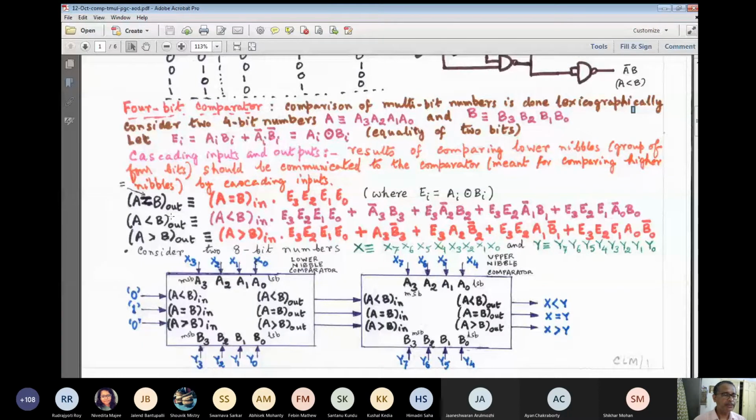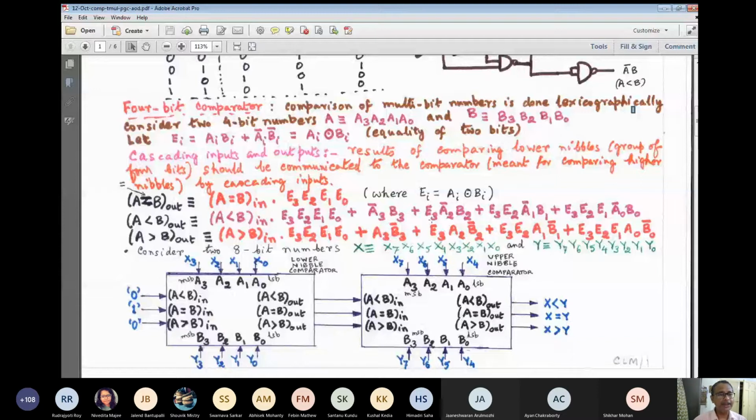So if this is 1, and in addition the result of comparing these 4 bits is equal, then we can say that, up to comparing A0 to A11, the 11-bit number corresponding to A is less than the 11-bit number corresponding to B. These conditions are all mutually exclusive.